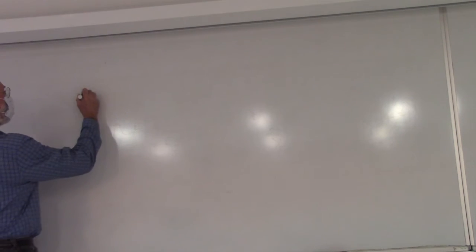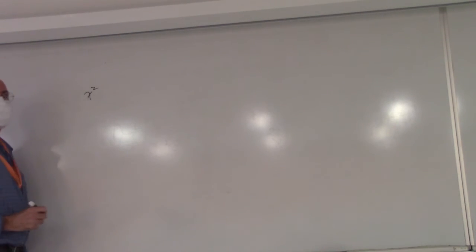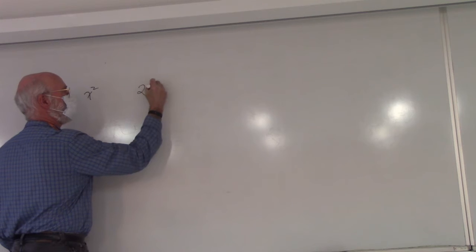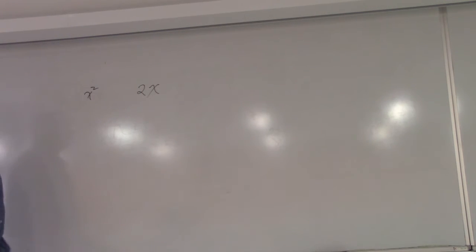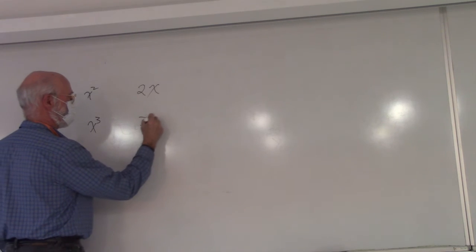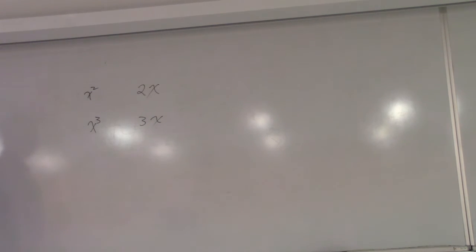What's the derivative of x squared? X times X. No. 2x. What's the derivative of x cubed? 3x. Okay? The important thing is you have a function. Here's a function.